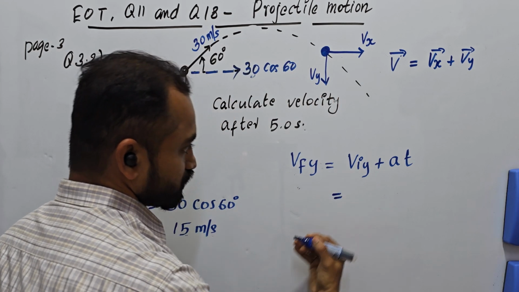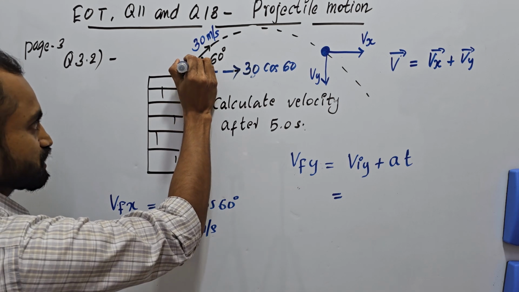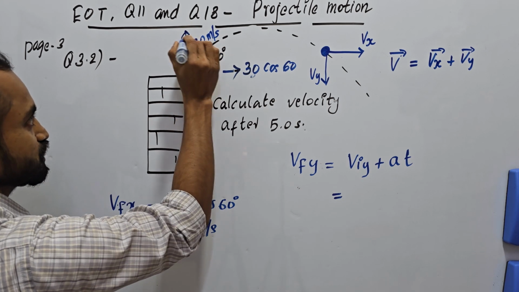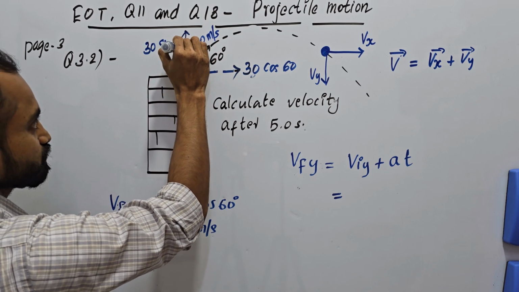The initial velocity along the y direction is 30 sine 60.